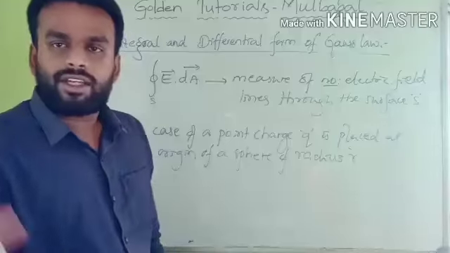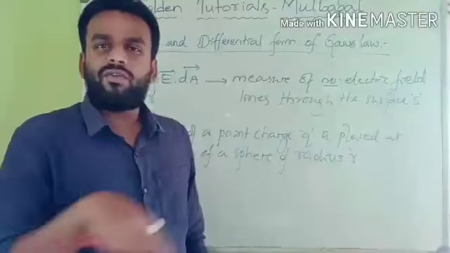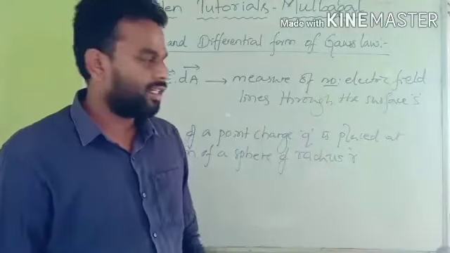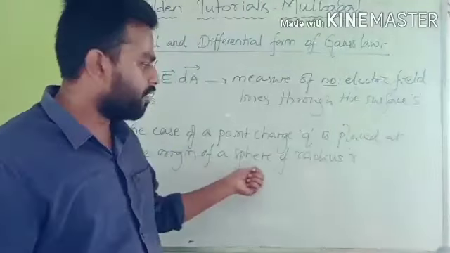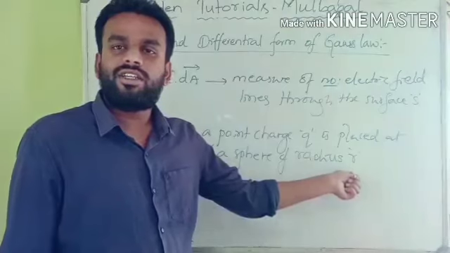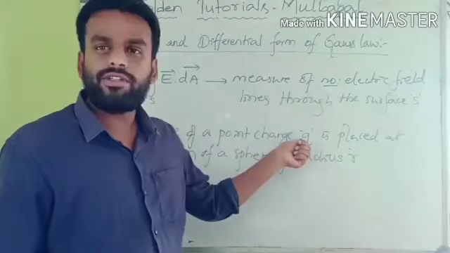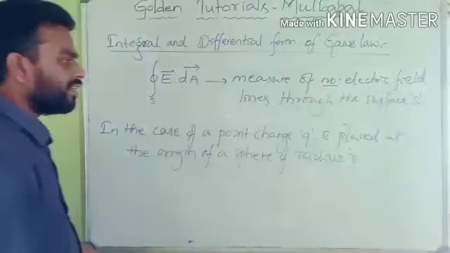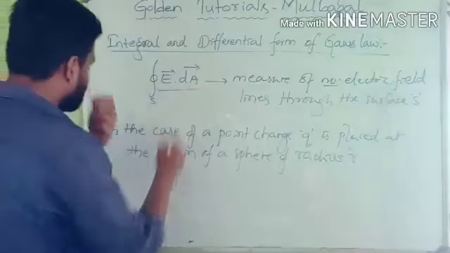Then we can calculate the total electric flux through that closed surface, that is through that sphere having a radius r, and what is the charge inside that sphere? We have considered it as a point charge small q. Now we can calculate the electric flux using this relation.